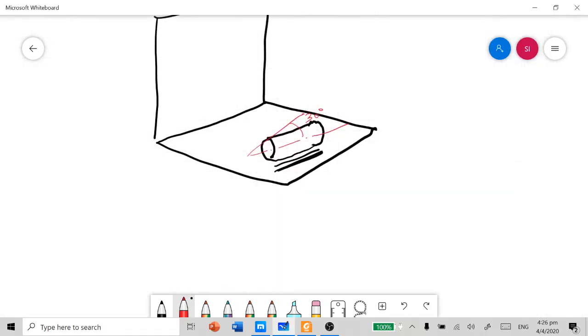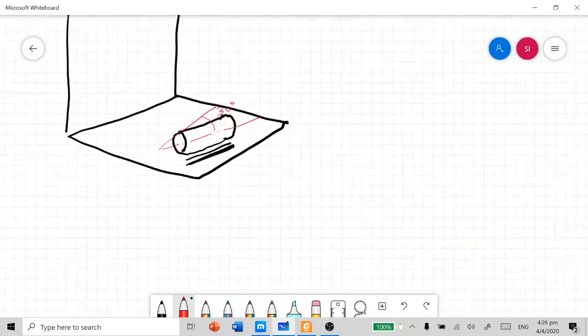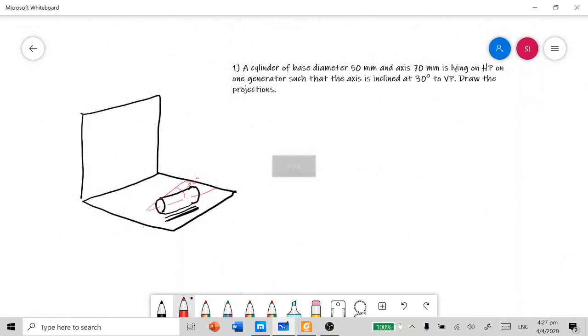So like the previous problems, here also we need to finalize where the base view should be drawn. So let's start the problem with our XY line.